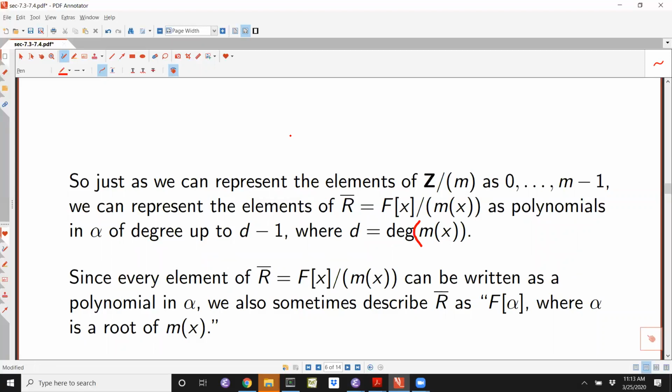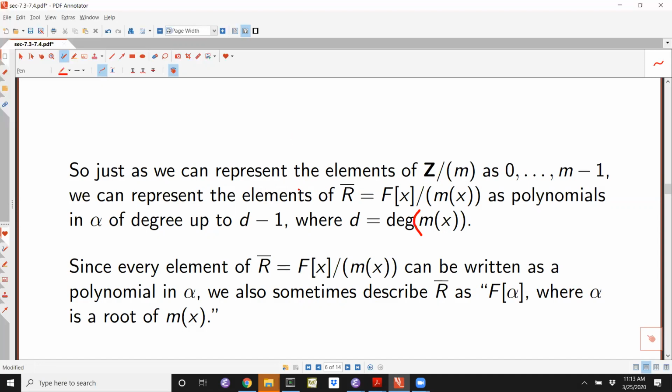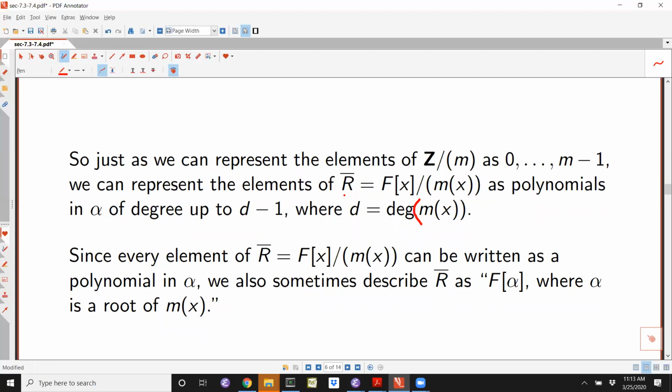In fact, instead of having to say F bracket x mod m of x many times, we will often describe that ring as F bracket alpha.